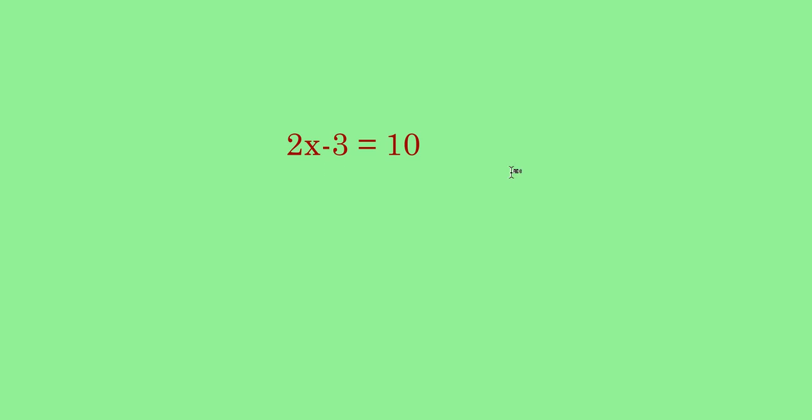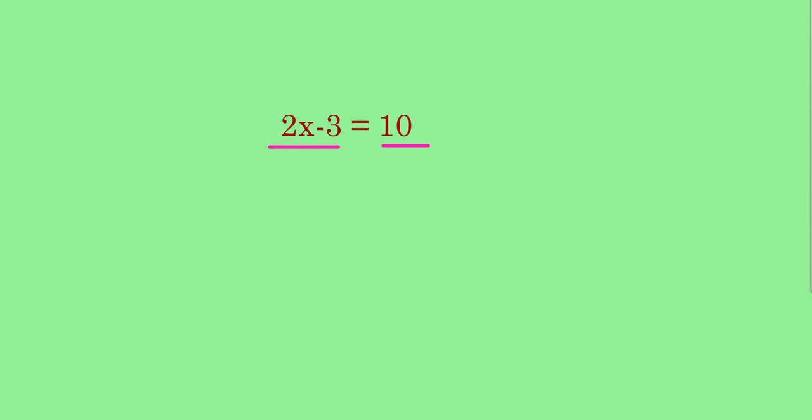Consider a linear equation in one variable, 2x minus 3 is equal to 10. Here we have an equal sign. Now we have an expression on the left side as well as on the right side.